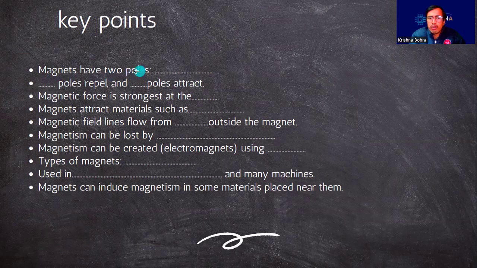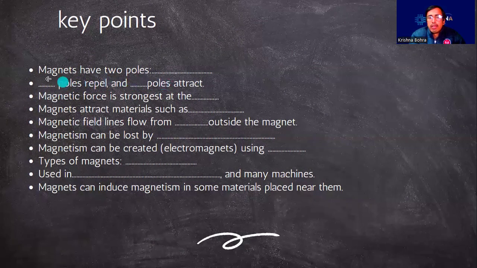We call them the north and south pole. Like poles repel while unlike poles attract, meaning north and north, or south and south, are alike and will repel, and north and south are unlike and will attract each other. Magnetic force is strongest at the poles. We will be understanding this a little later.